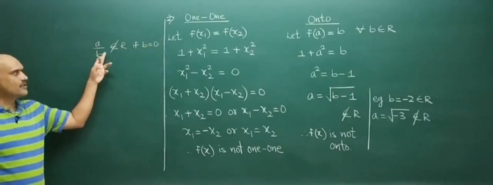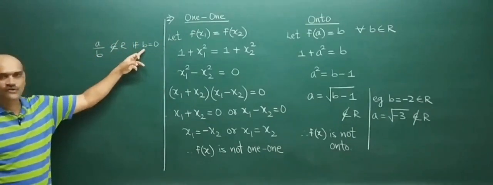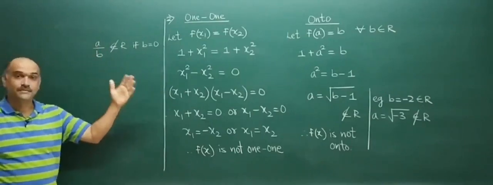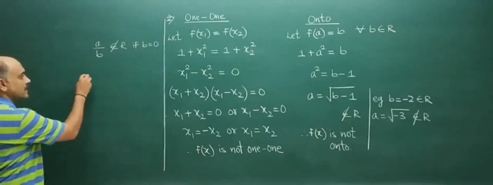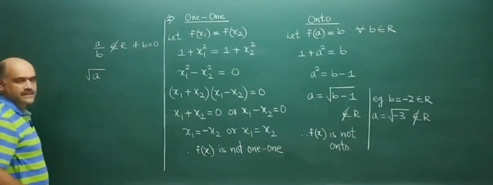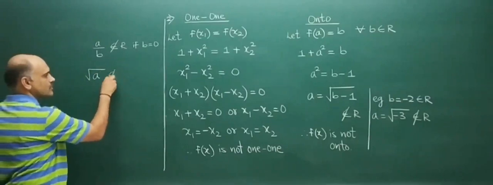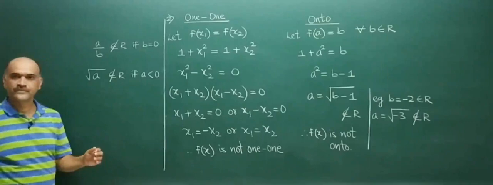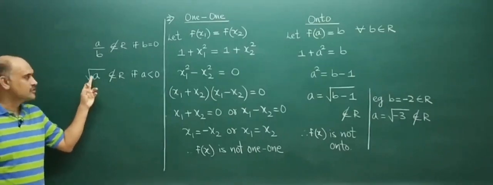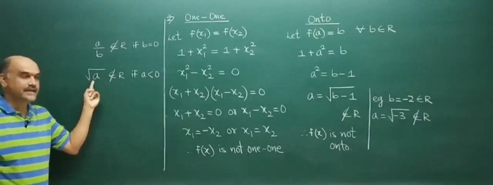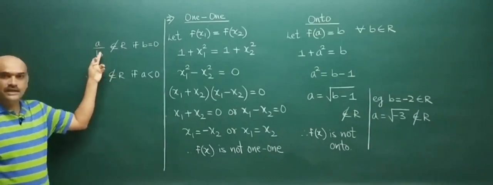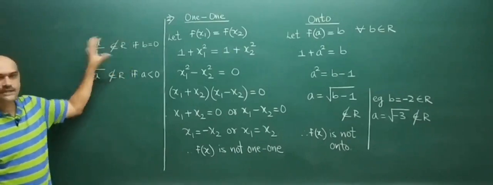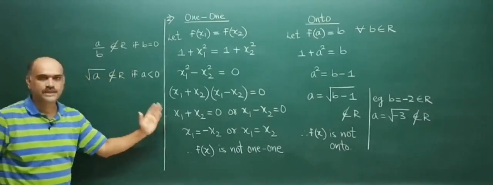If the denominator becomes 0, then it will not be a real number; it becomes infinity. In root, suppose root a is there, it does not belong to R if a is less than 0. So in a root, if you get a negative, it is not real. In a rational, if you get denominator 0, then it is not real. Better you remember these two, students, it will be helpful.